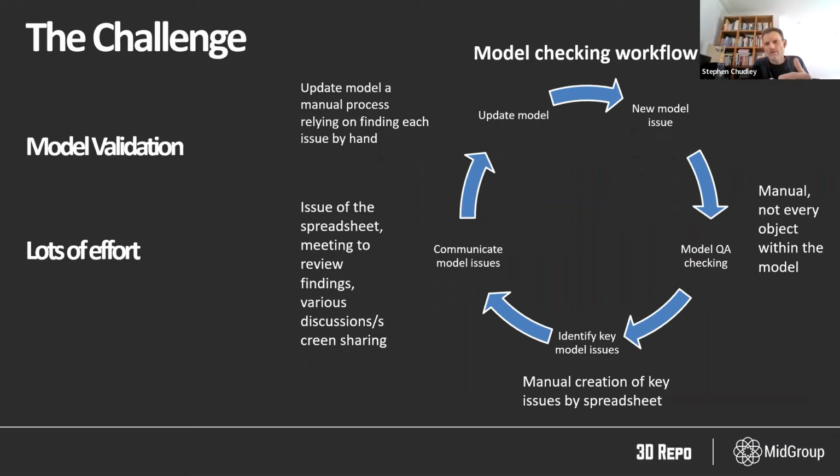And with the standard 2-week issuing process that we have set up in most BEPs and EIRs, you can see that you're almost on this constant merry-go-round to try to improve these models to get them to the right standard. And we found that in the last 12 months at Mid-Group, we've had 440 models issued through Asite and into 3D Repo.